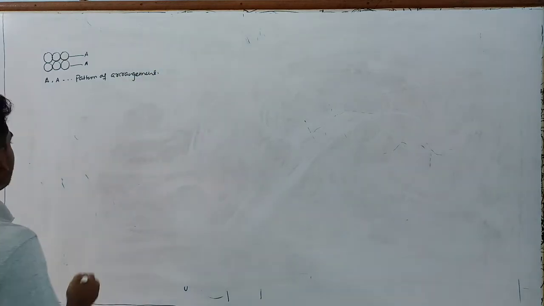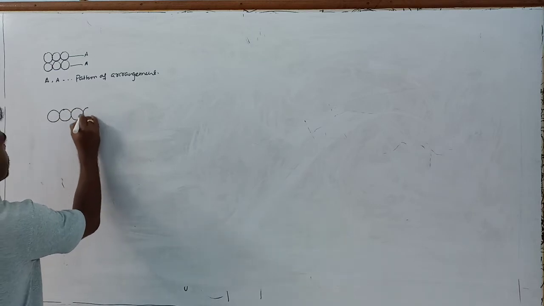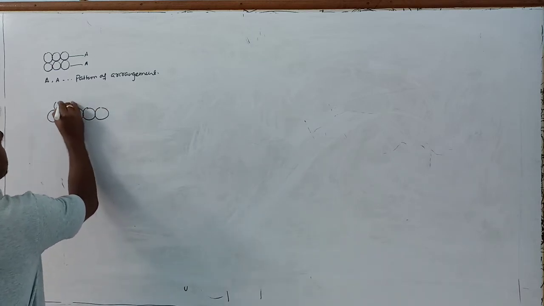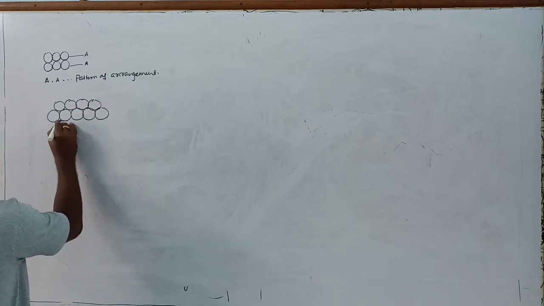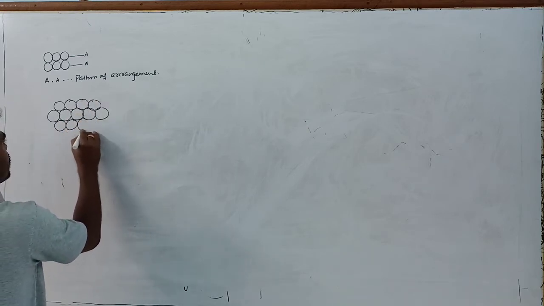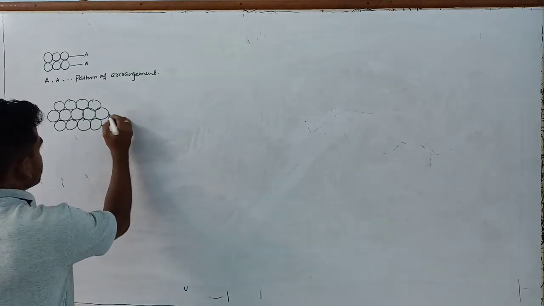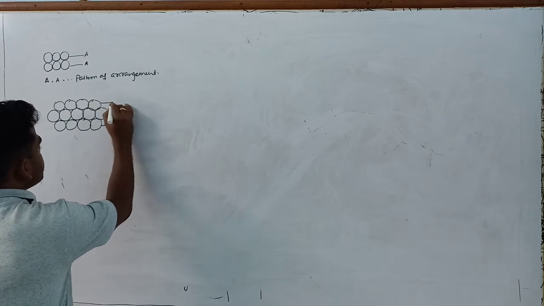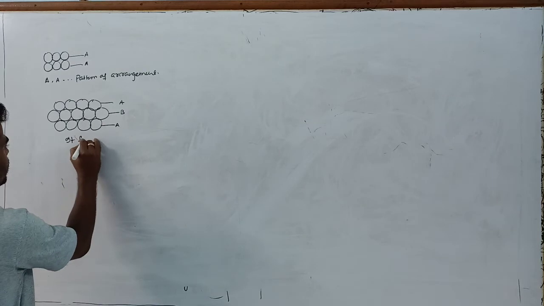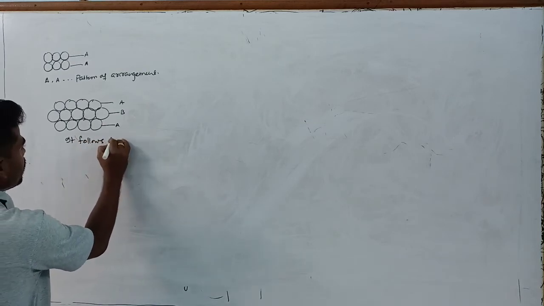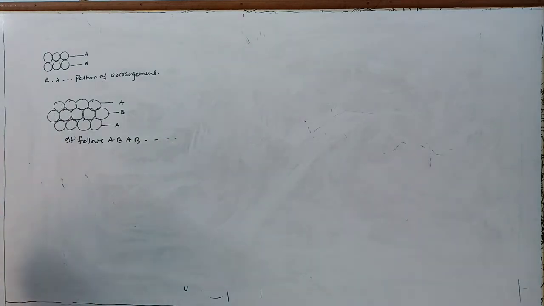And what about the second type of packing, where the second layer is placed over the depressions of the first layer? If this one is A, this one is B, and this one is again A, a similar packing. So it follows the AB pattern of arrangement. You just remember this much.